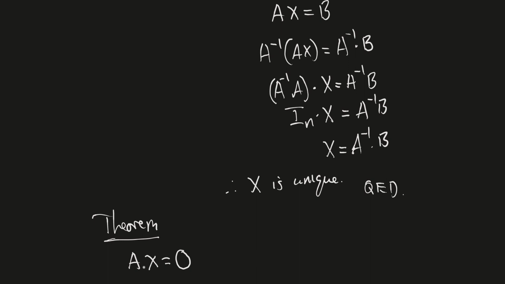So the thing is, this homogeneous system has only the trivial solution. And remember, the trivial solution is where all your variables have to be zero.